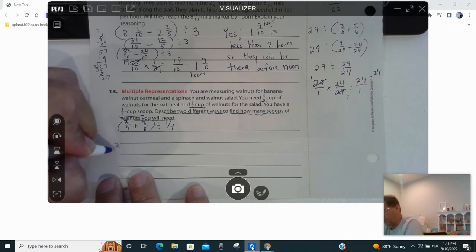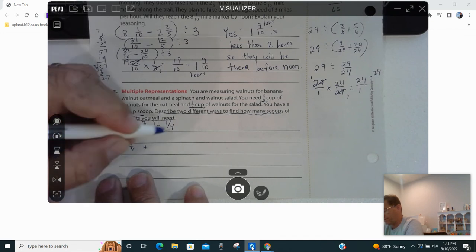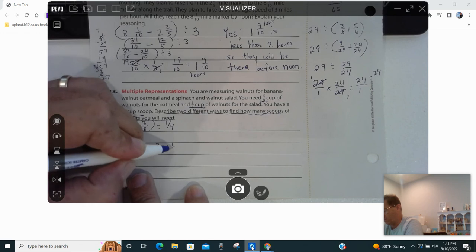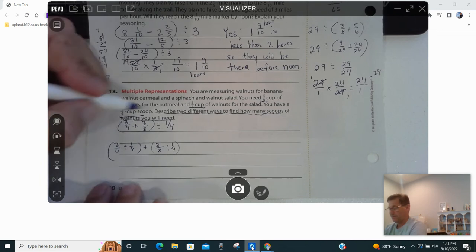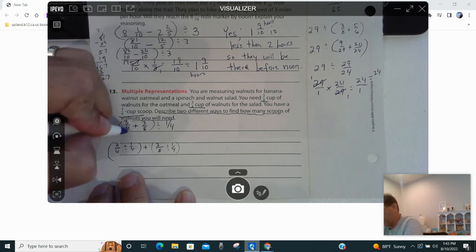Or we could say 3/4 divided by 1/4 plus 3/8 divided by 1/4. Okay, so in this case, I'm going to turn the fourths into eighths by multiplying by 2.